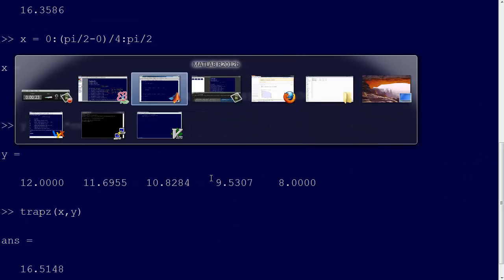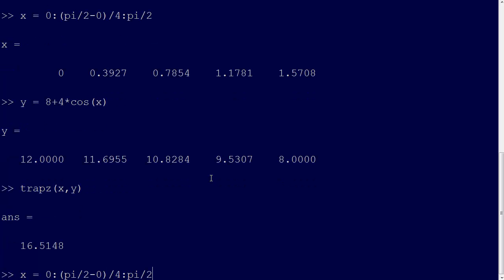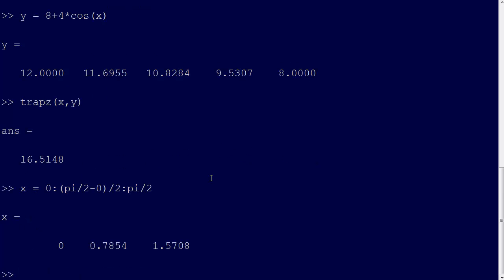Now, instead of doing this by hand again, I'm going to use MATLAB. If we use the same x's that we had, divided into 2 segments, and we let our y's equal the same thing. Okay, so now we've got x1, x2, x3, y1, y2, y3, and we can just plug in the Simpson's 1/3 rule.